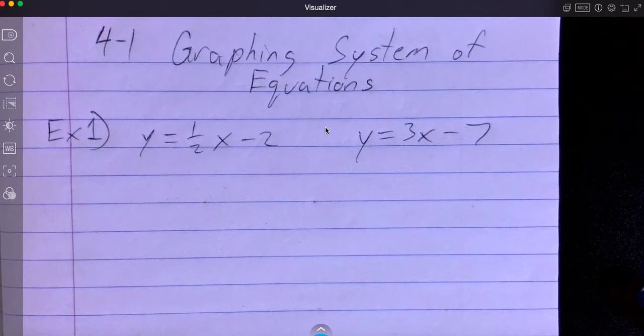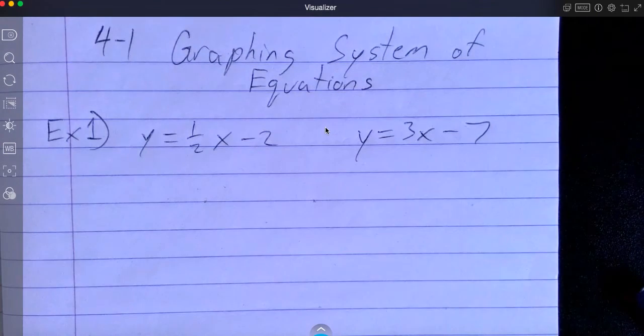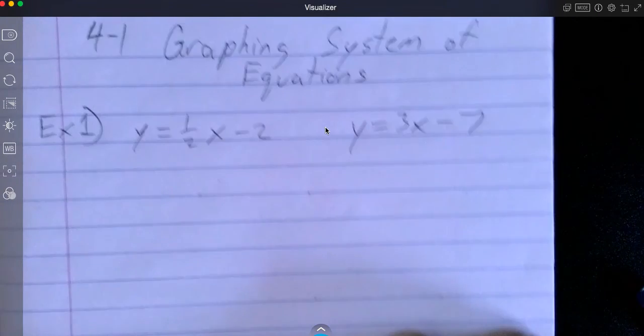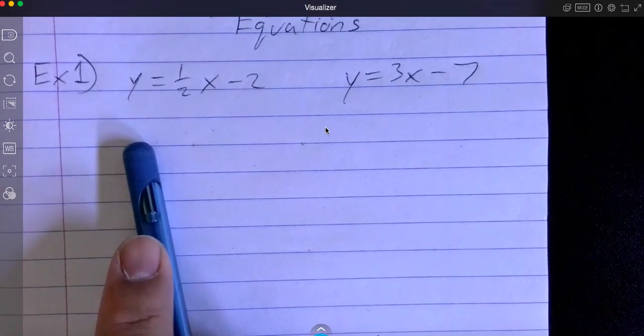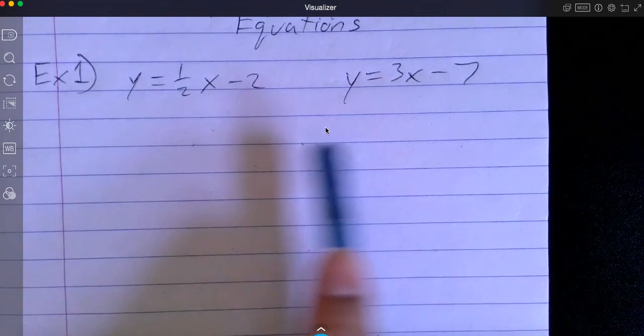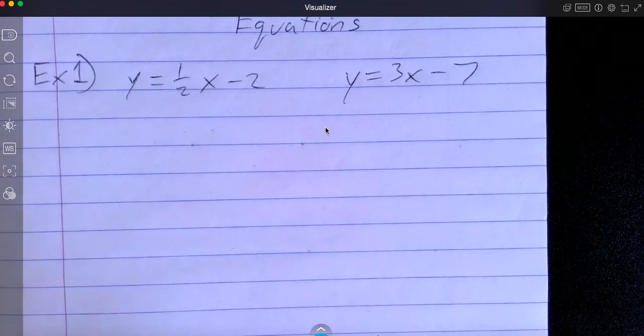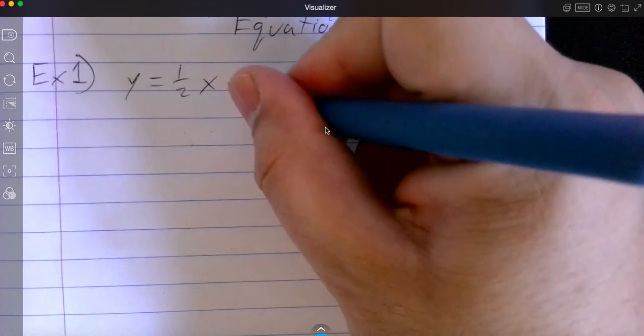All right, so the way we're going to solve them in this lesson is by graphing them together. They're going to go together in the same graph. So let's solve these two. You have y equals 1/2 x minus 2, and over here you have y equals 3x minus 7. So I'm going to make my graph.